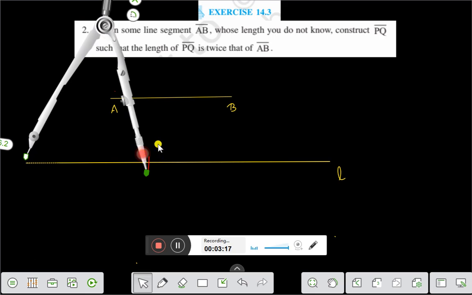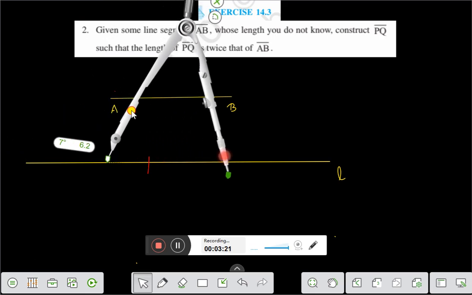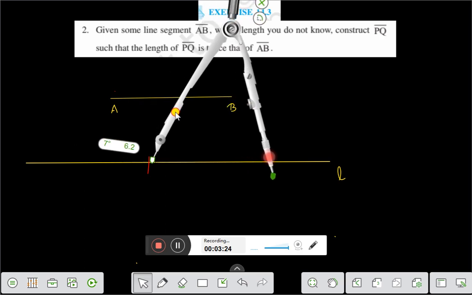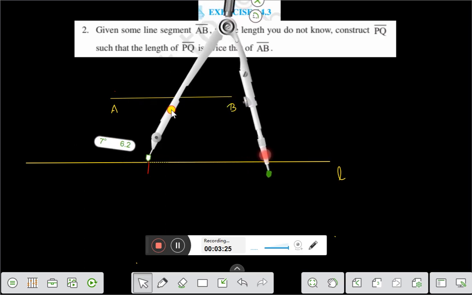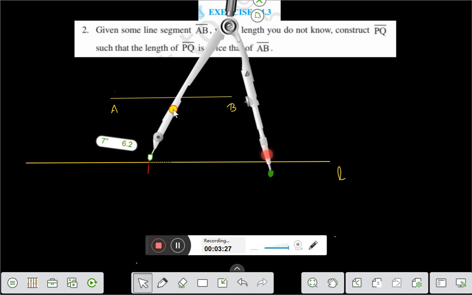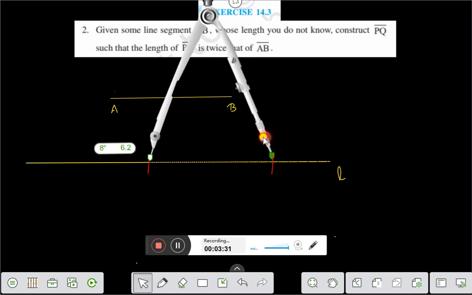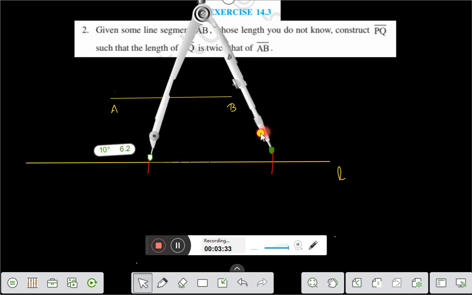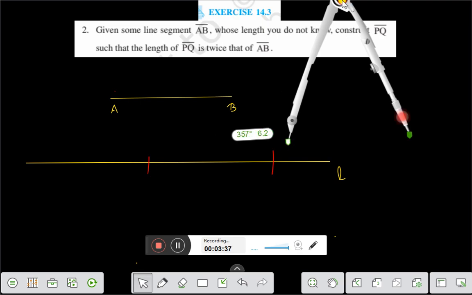Since the length is fixed, again we take this compass here. This is the fixed length, that is AB. If we draw another arc here, that is twice AB. That means this value is AB, and this value is also AB.